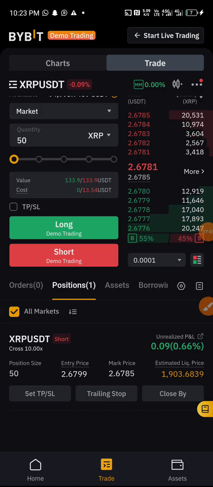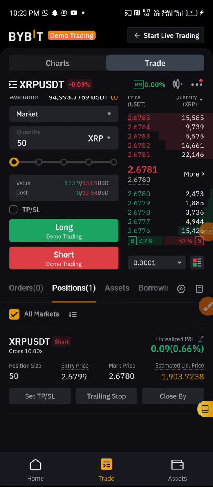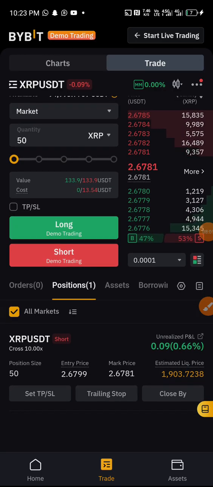But this leverage can also bring you down quickly, because the higher the leverage you use, the higher the risk you attract. So I advise you, if you're using leverage, always use a very low leverage so that you will not have a lot of issues.